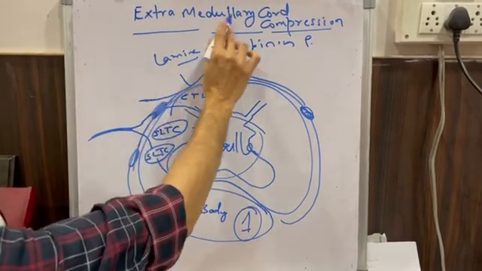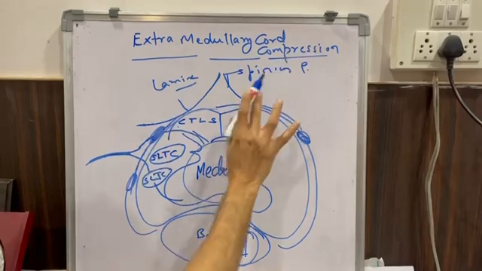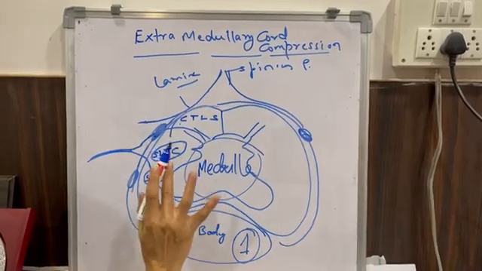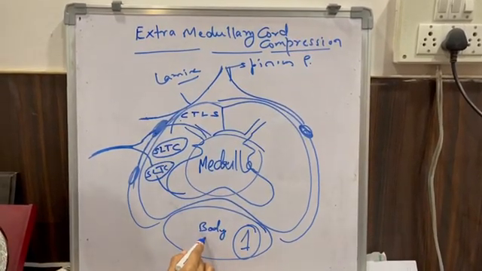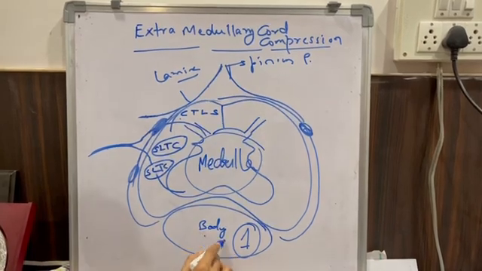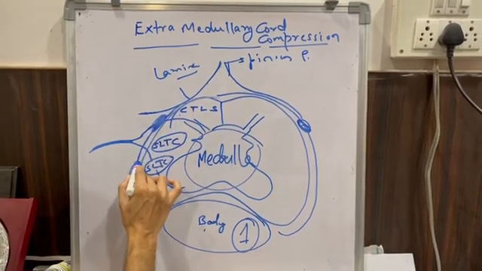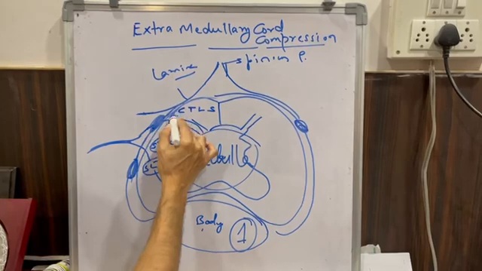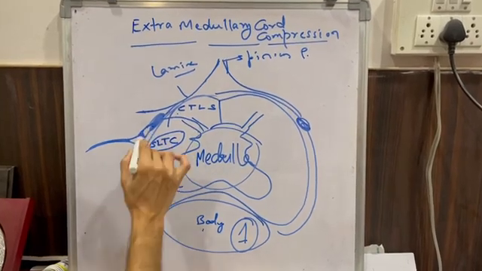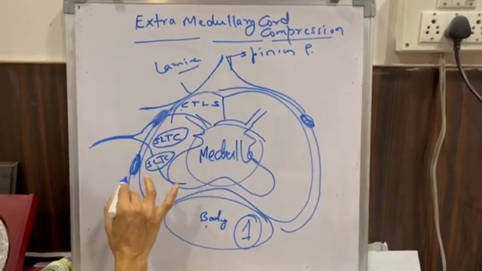So extramedullary cord compression means either the lesion is in the vertebra, that is the extramedullary extradural, or the lesion is in the dura which is covering the spinal cord, that is the extramedullary intradural cord compression.